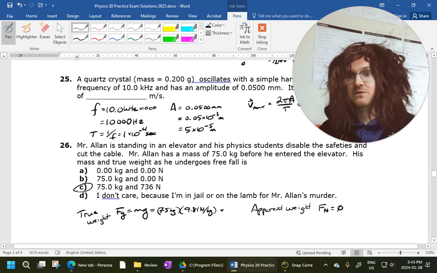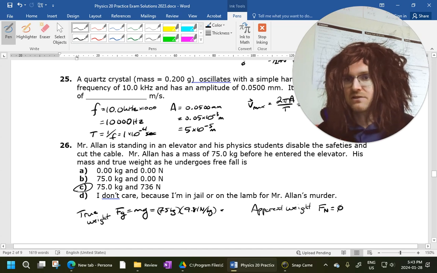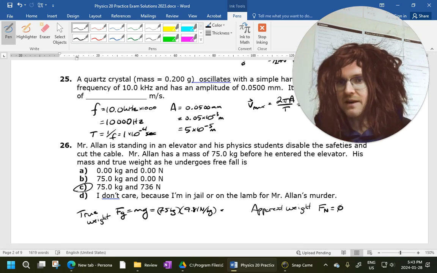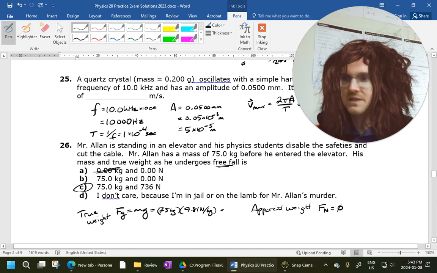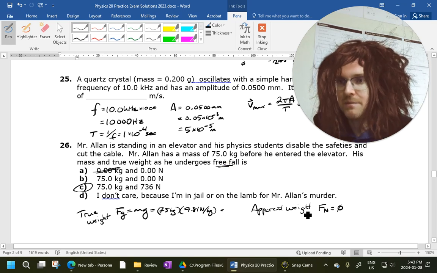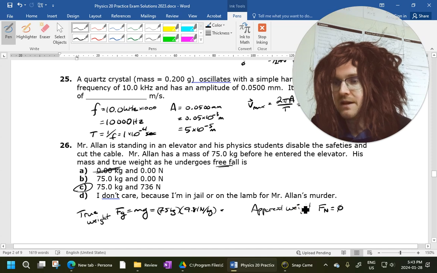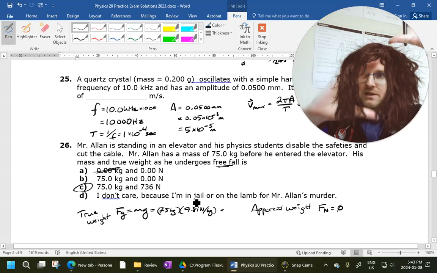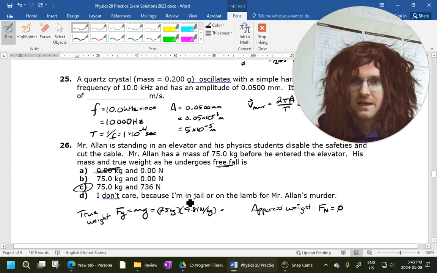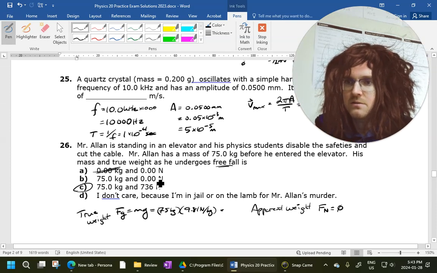And you always have mass, right? You can't lose your mass. Mass is your mass, so you have a mass of 75. Free fall, it seems like I'm weightless. But my apparent weight might be zero because at that point there's no abnormal force. You're falling at the same rate as the elevator. You're not pushing on the elevator, and the elevator's not pushing back on you. So you just feel weightless.